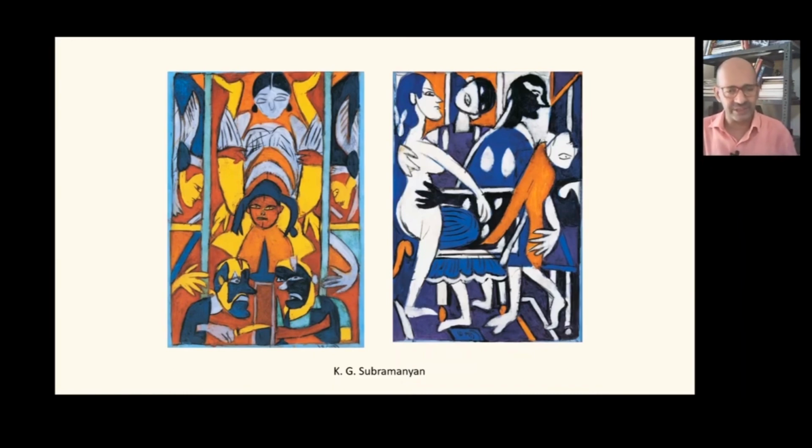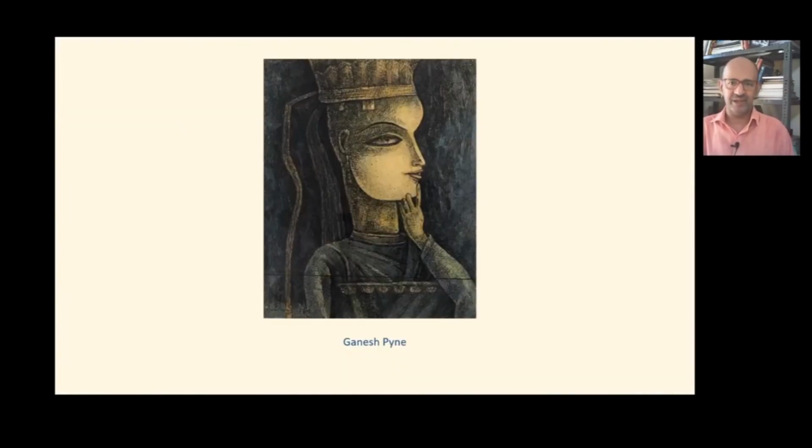So this is a very different kind of figuration which Subramanian pursued and developed, and also produced a lot of varieties throughout his career. Now from Bengal, we have Ganesh Pine, who from the 60s began to create a new kind of figuration which is halfway between an iconic mythological look and a stereotypical or stylized look, but sometimes his figures do have a reference to reality.